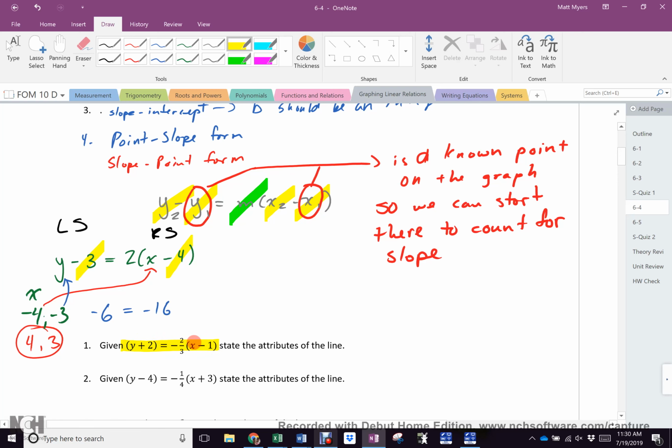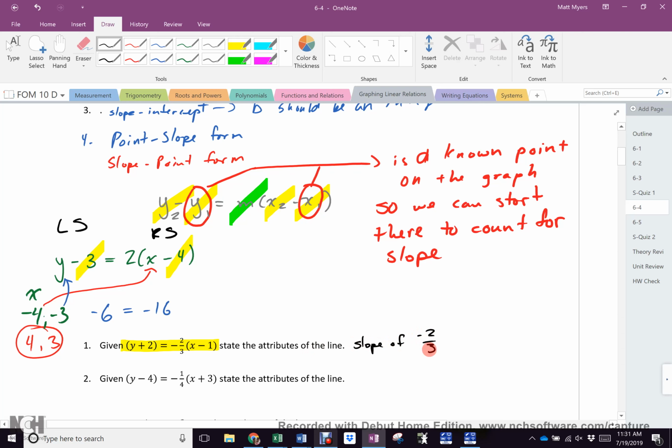So what are the attributes of this line? What can you tell me about this line from just looking at it? That fraction is in what spot? Which is where the m is, right? So what is m? So this line has a slope of -2/3, yes?